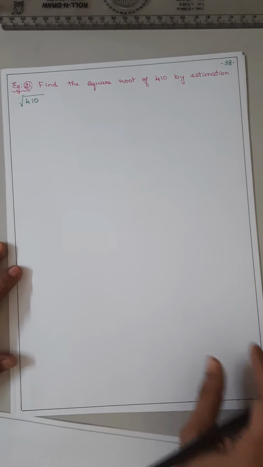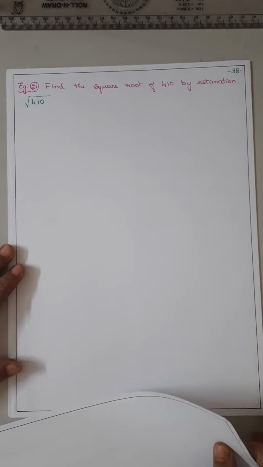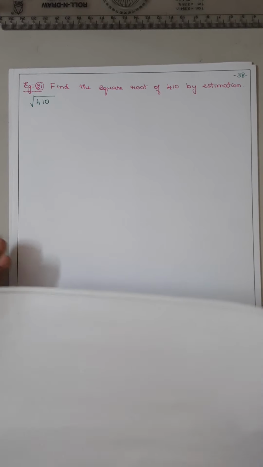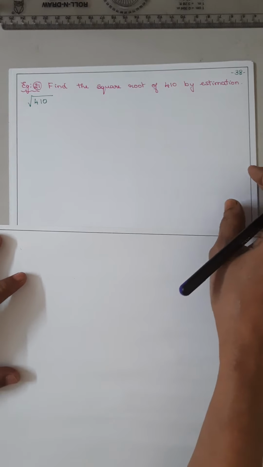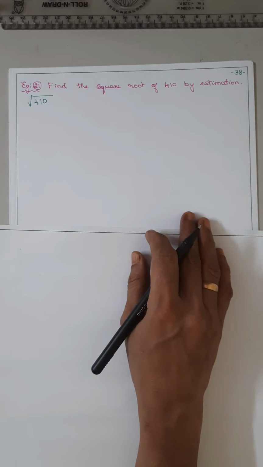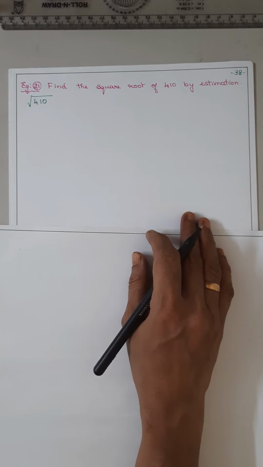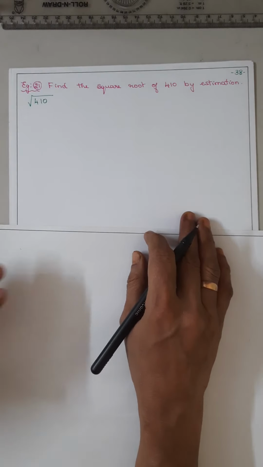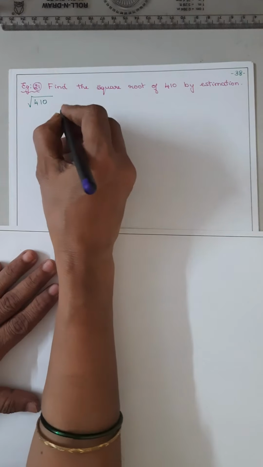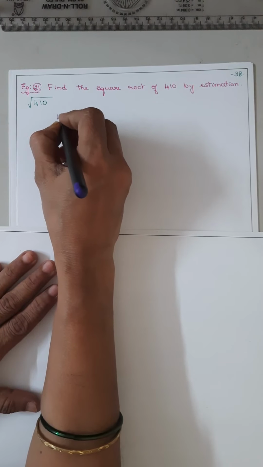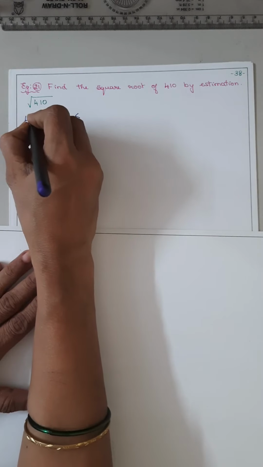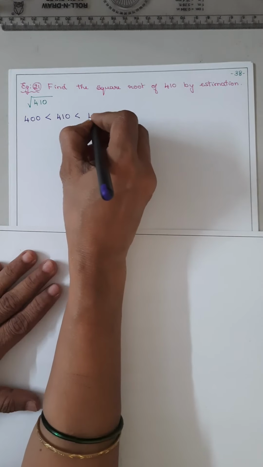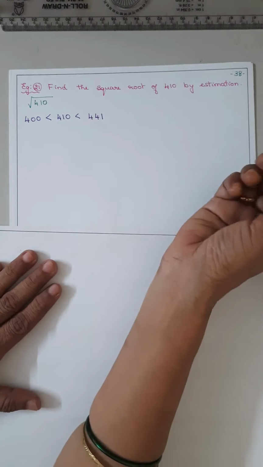Okay, now coming to the next example, it is 410, square root of 410. आप लोगों को स्क्वायर का सब याद है 30 तक, तो इजी पड़ता है. ठीक है. Now 410 comes between 400 and 441.